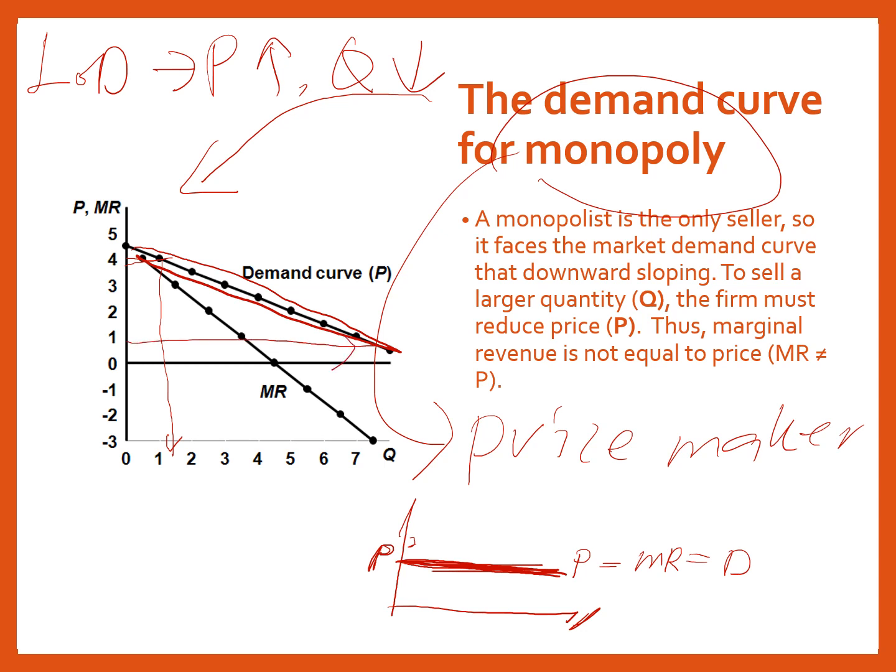So that's why kata dekat sini, okay, it faces the downward sloping, so it does follow the law of demand. So the firm must reduce the price to sell a larger quantity. So ianya berbalik kepada konsep law of demand. So yes, that's why di sini MR is not equal to P. Okay, dia punya marginal revenue tidak sama dengan dia punya price.